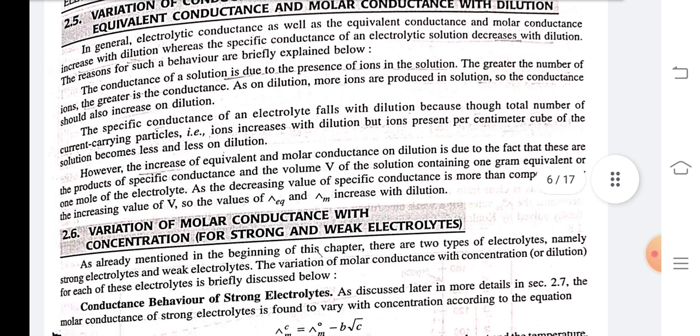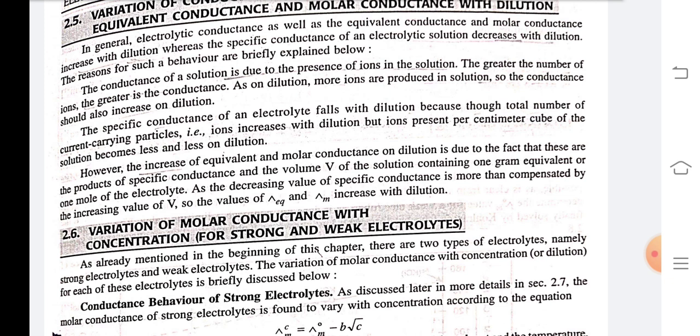The greater the number of ions, the greater is the conductance. As on dilution more ions are produced in solution, the conductance should also increase on dilution. The specific conductance of an electrolyte falls with dilution because the total number of current carrying particles, that is ions, increases with dilution, but ions present per centimeter cube of the solution become less and less on dilution.